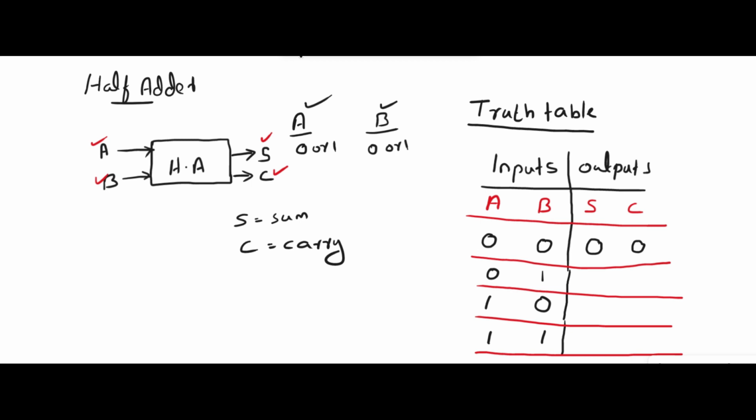Just binary addition. If A is 0 and B is 1, 0 plus 1, the sum is 1 and the carry is 0. The next condition is A 1, B 0. We add 1 plus 0, the sum is 1 and carry is 0.